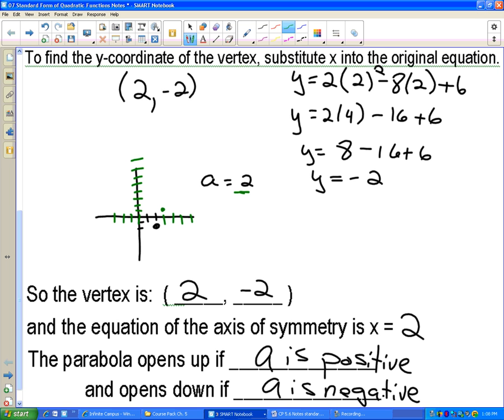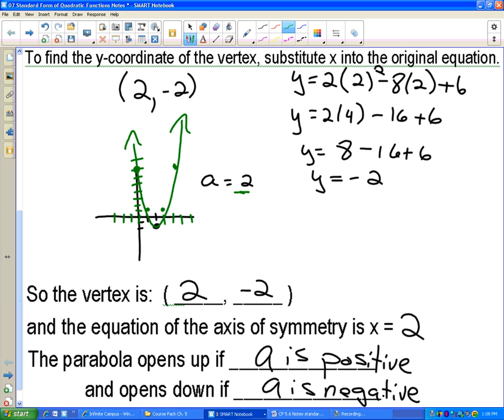Out 1, up not 3, but 6. 1, 2, 3, 4, 5, 6. So it's going to be right here. And so then we go out 1, up 2, out 1, up 6, and there would be my graph.